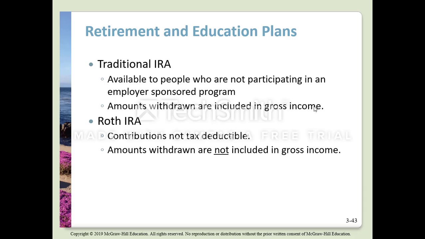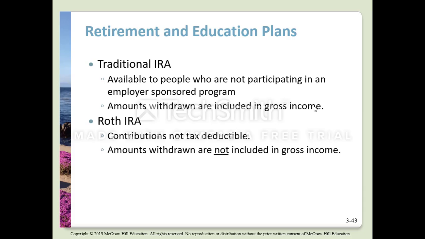Retirement and education plans. So retirement plans, there's a traditional IRA, and that's when you have money taken out of your check to go into a retirement account. It may be a 401k, 403b, or traditional one before taxes. So you don't pay taxes on that income until you get the money after you retire.